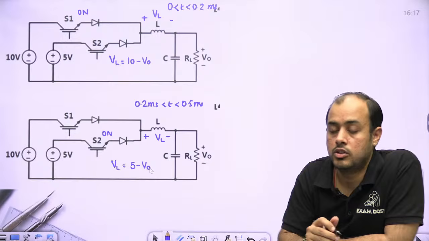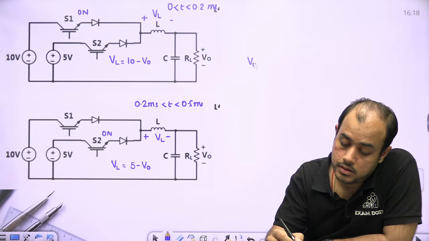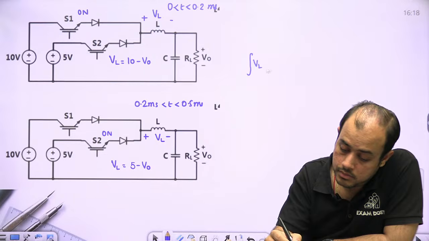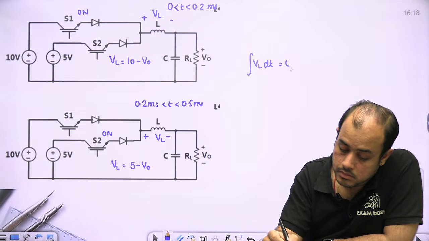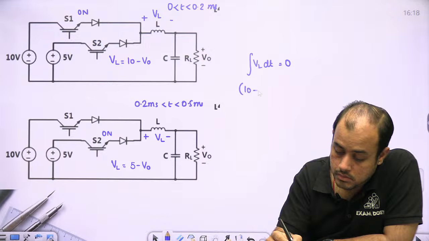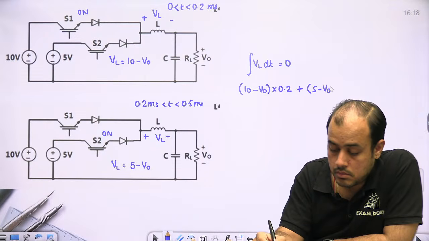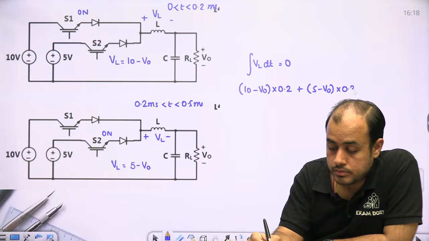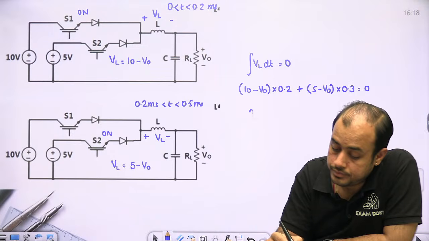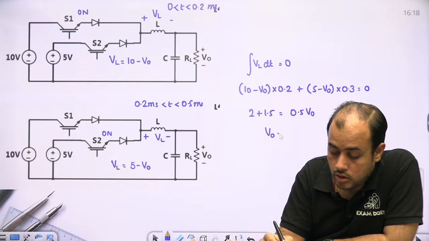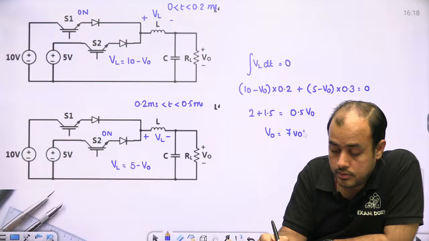Five minus V naught. So V naught comes out as 7 volt.